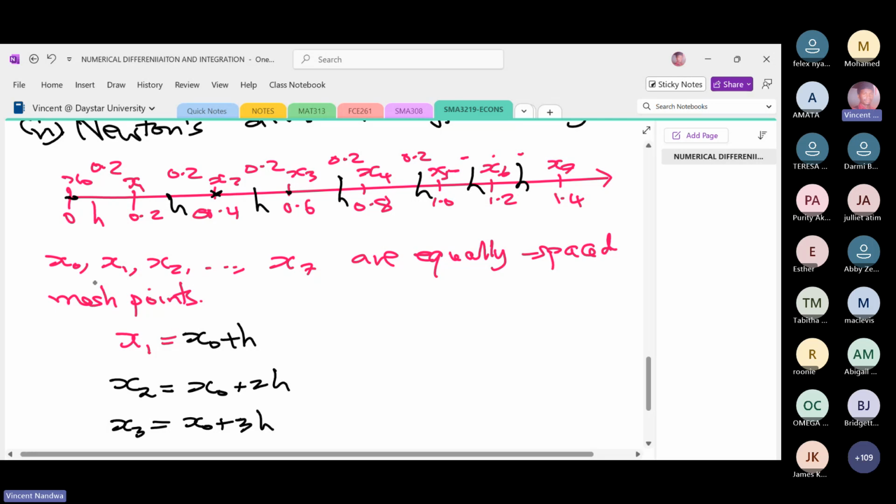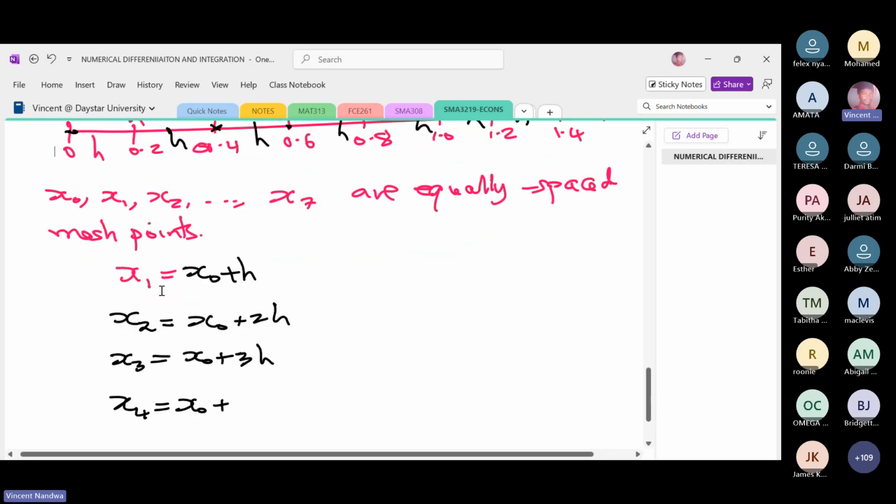So then we can also define x5 in a similar way.